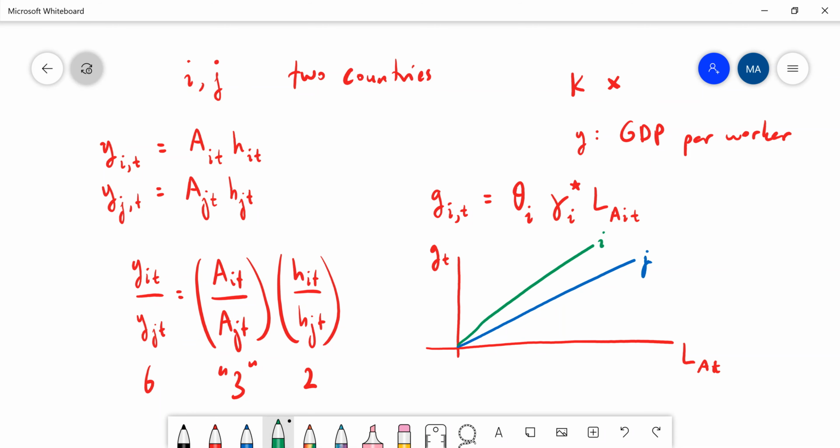So even if they employ the same number of engineers, suppose that L_AIT equals L_AJT. So two countries, they both employ the same number of engineers and scientists, right? Well, what happens?